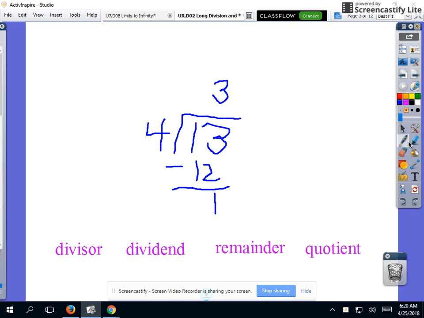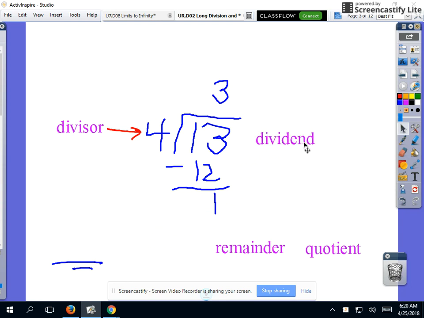All right, so as we think through what is the thing that divides, that's called the divisor. So the thing that is dividing is this guy right here. That is known as our divisor. The dividend is what is being divided.